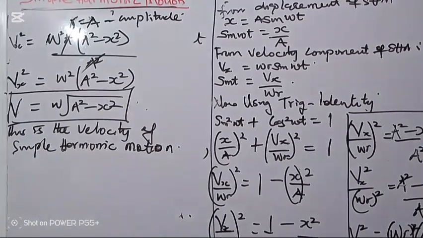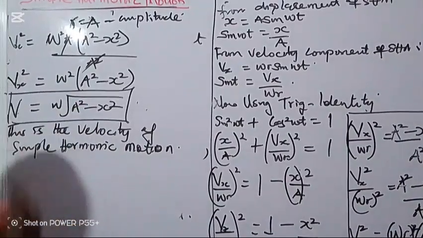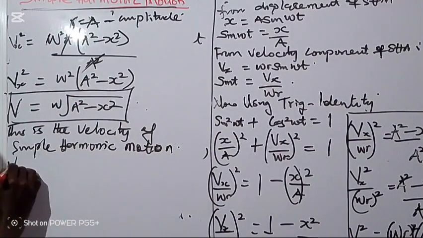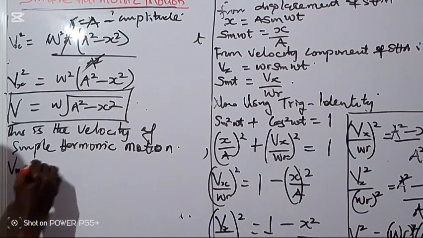But this one will take place: V, that is, the velocity, will be maximum when s is equal to 0.